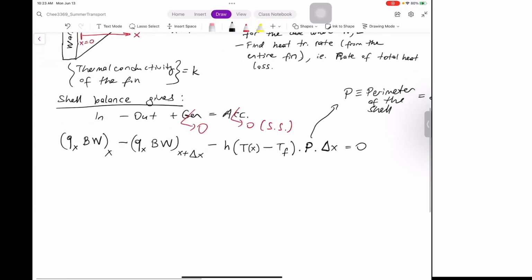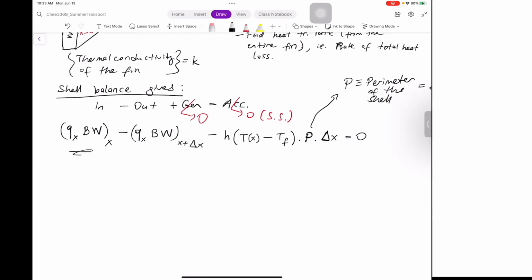Now I have everything there. I have the conductive heat input, conductive heat output, and convective heat loss. And the reason why I have this minus here is that it's being lost. And the reason why I have Tx minus Tf is because I want to make this positive. And for this problem, I'm assuming that my fin is hotter than the fluid.